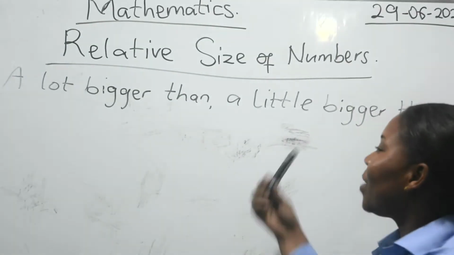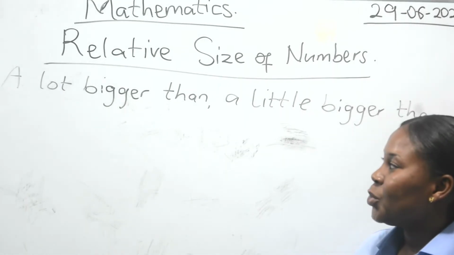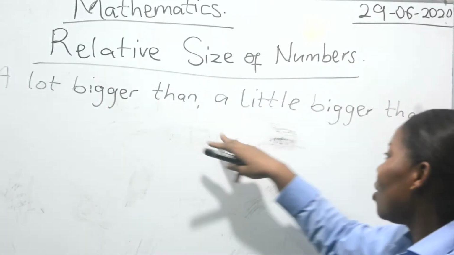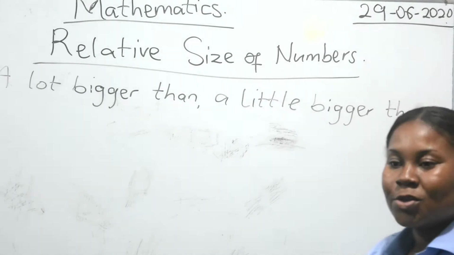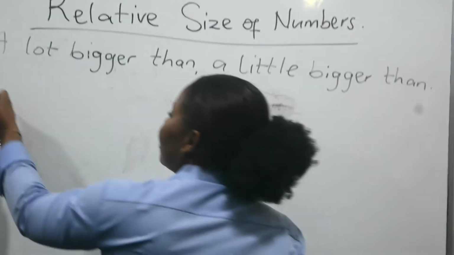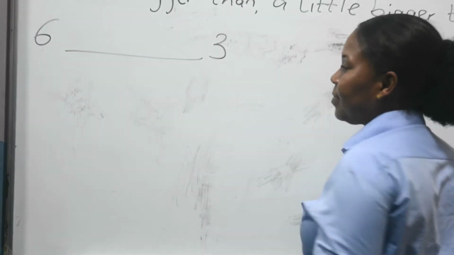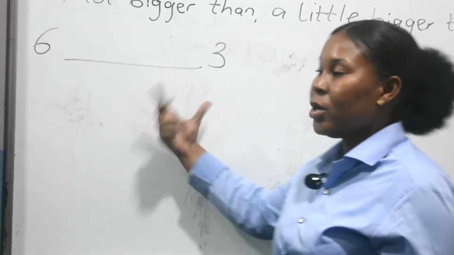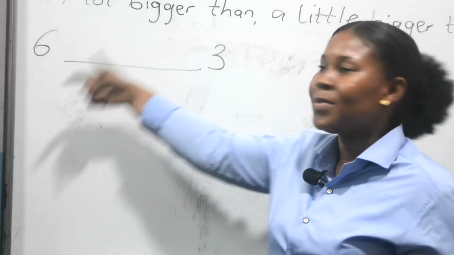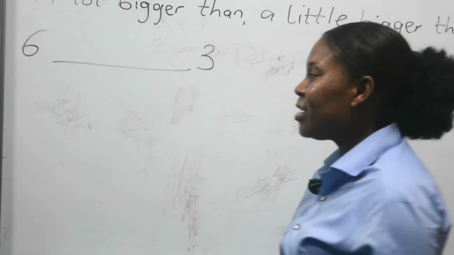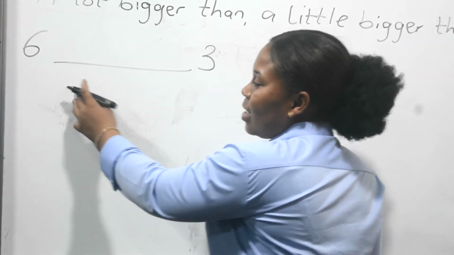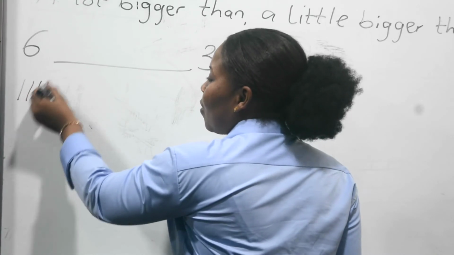So we are still comparing the numbers, but this time round we will use a lot bigger than or a little bigger than. So for instance, when you have, let's say 6 and 3 here, we all know that 6 is bigger than 3, but the difference is how many? 1, 2, 3, 4, 5, 6.